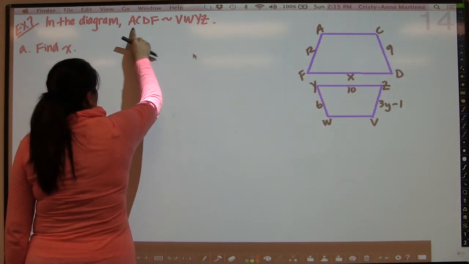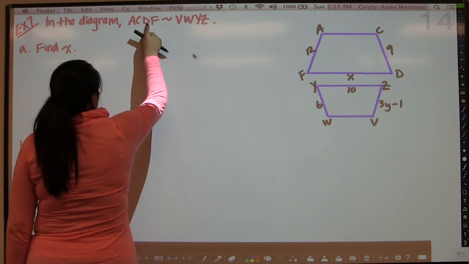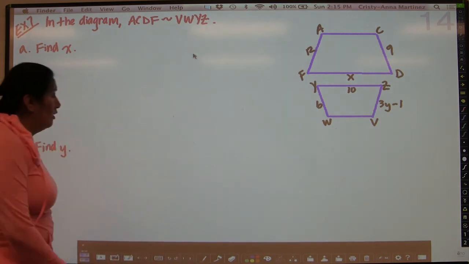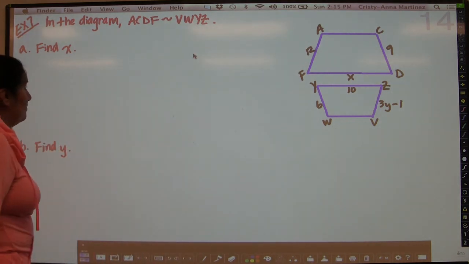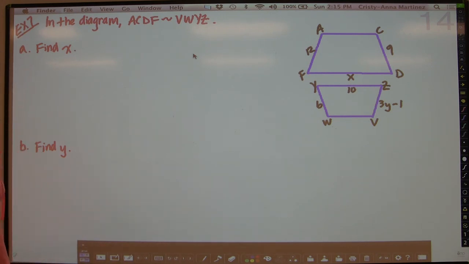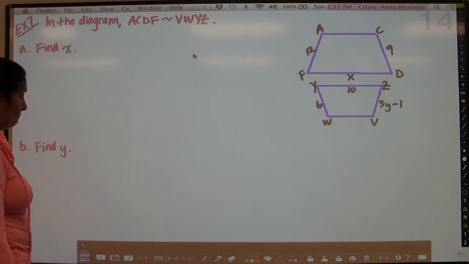We know that A corresponds to V, C corresponds to W, D corresponds to Y, and F corresponds to Z. Similarly, we know that AC corresponds to VW, DF to YZ, AF to VZ, and CD to WY.